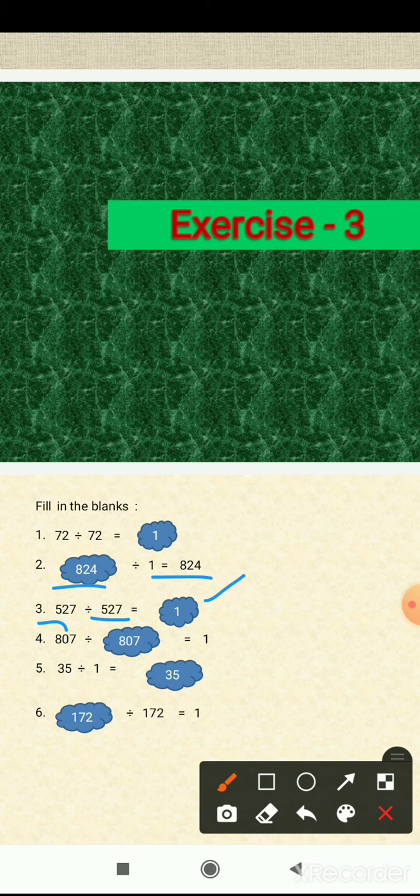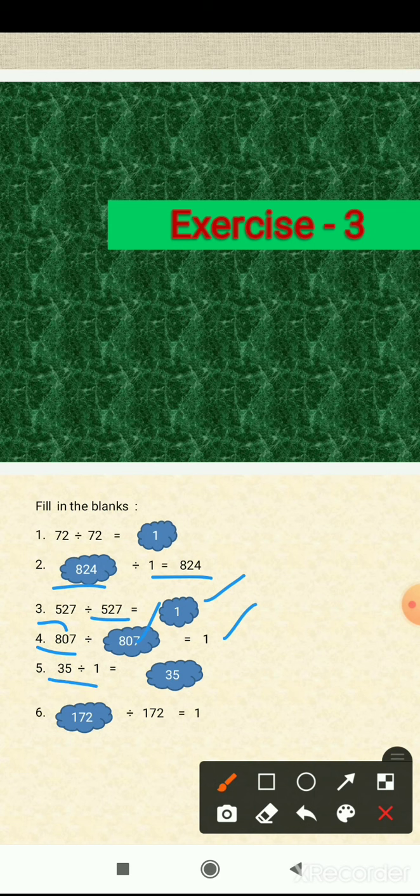Next, dividend 807 is given and quotient 1 is given. We have learned the property: when we divide any number by itself, the quotient is 1. So here the answer will be 807. Next, 35 divided by 1.